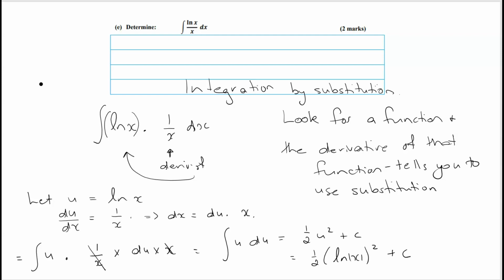So a mark for kind of showing that you were thinking it was like this, and a mark for getting the integral right. Now, don't forget, you will lose half a mark if c is missing. Okay, that's the end of the second question.